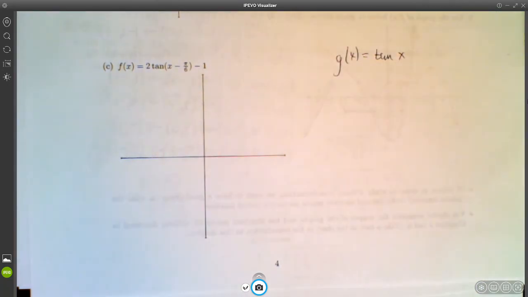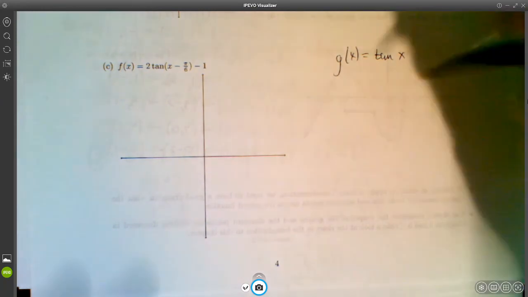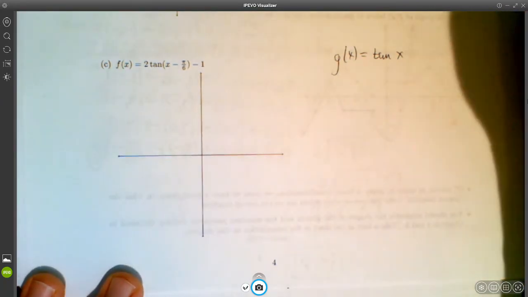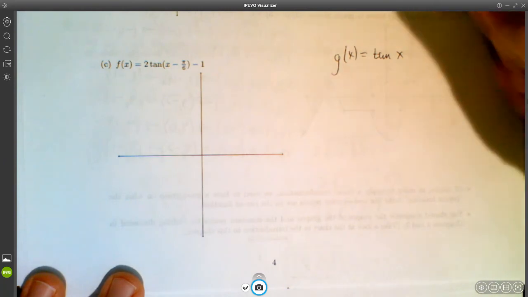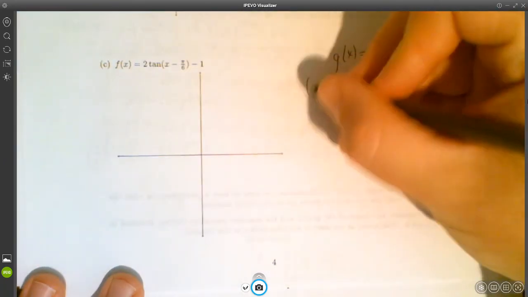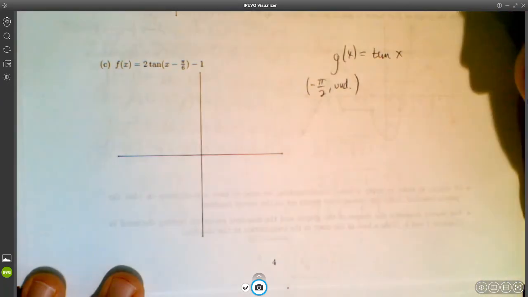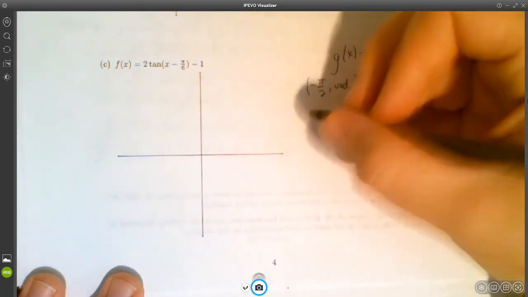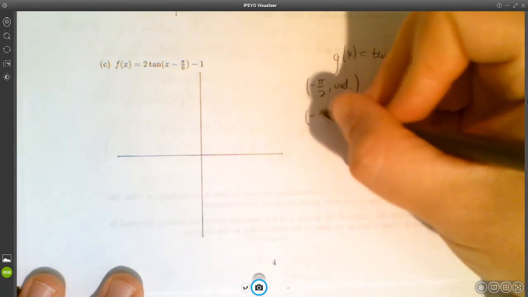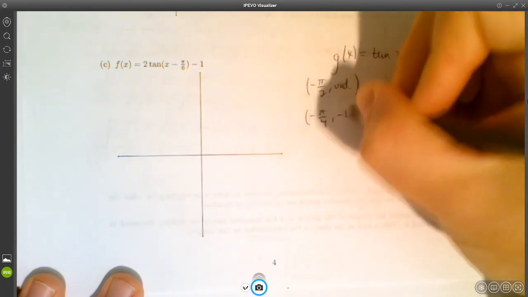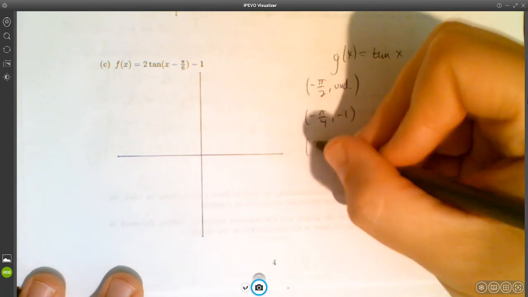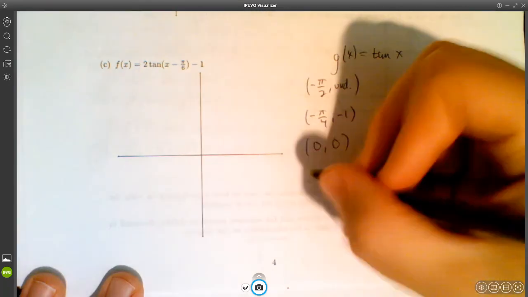And there were a couple of points that we talked about graphing when we looked at the trig functions way back in chapter 3. We said for the tangent function, we want to start at negative pi over 2, undefined, because it's really an asymptote, right? Then we said we wanted to do negative pi over 4, negative 1. That's on the graph of tangent. 0, 0 is on the graph of tangent.